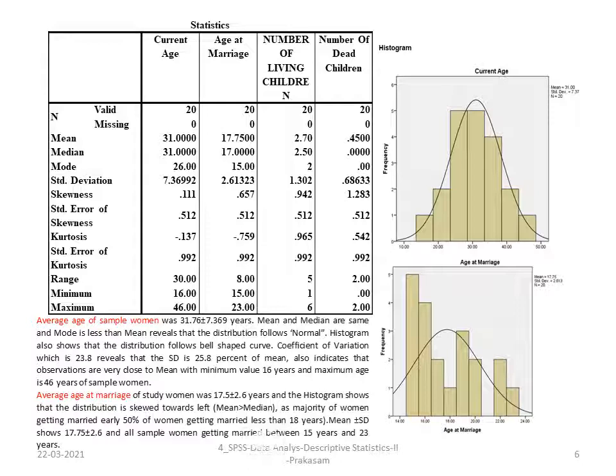Then how to interpret this? When you look at the current age of the woman, the mean age, that is the average age of the sample women, is 31 years, and the median is also 31. That shows clearly that mean and median are the same or close to each other.